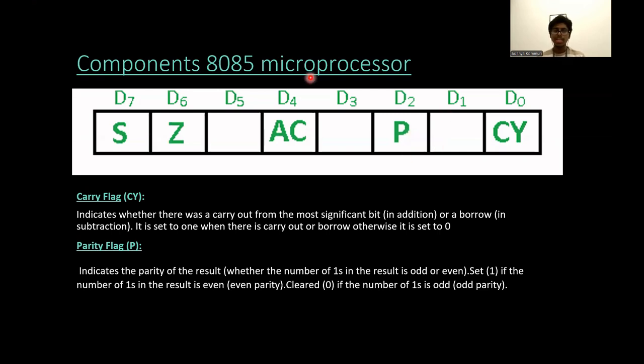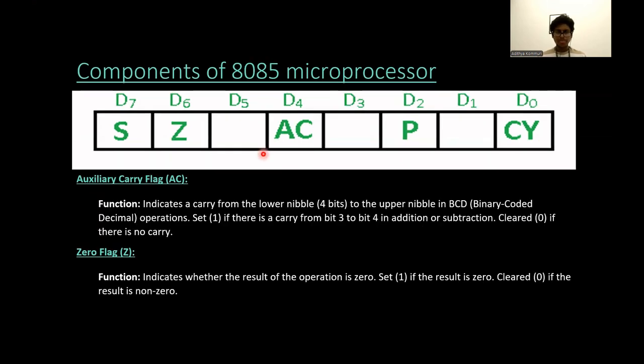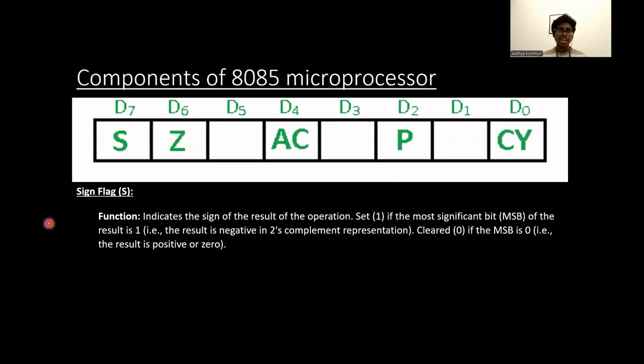As you can see, D1, D3, D5 are empty, which are not required and are not of any use to us. The flag register mainly has the carry flag, parity flag, auxiliary carry flag, zero flag, and sign flag.